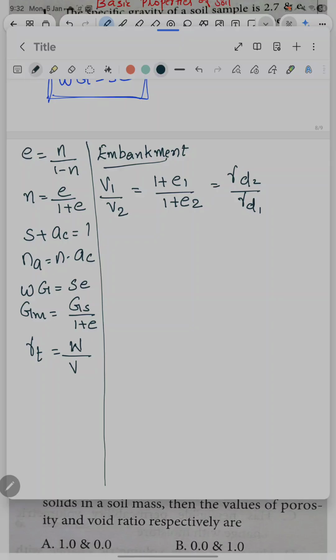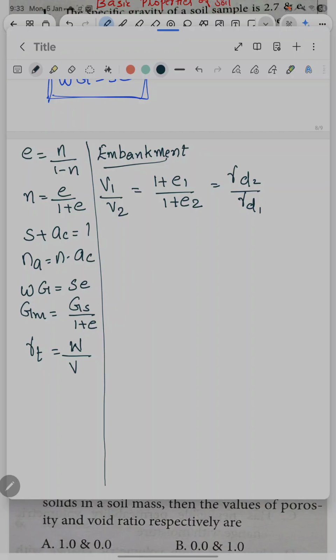This is the equation we have to use if the question mentions embankment, or if the initial void ratio or initial dry density is given and we have to find the final volume. Okay.